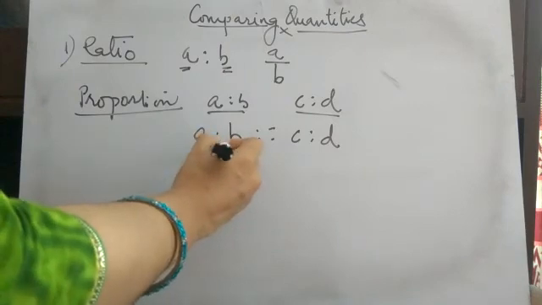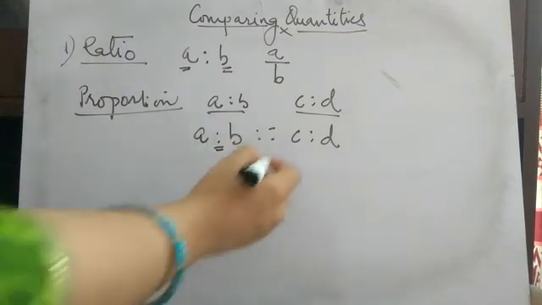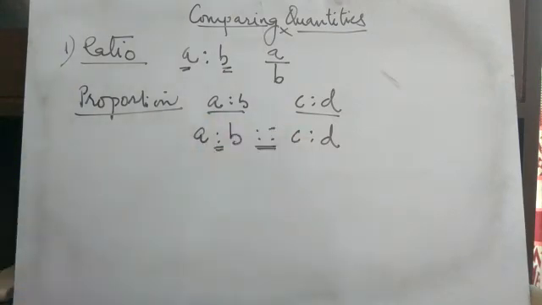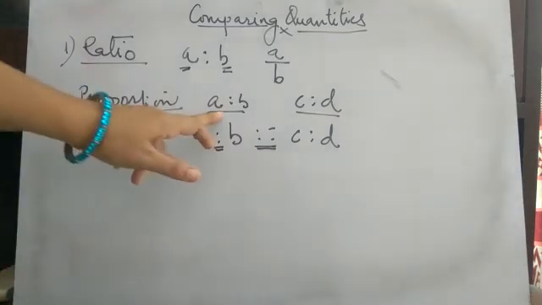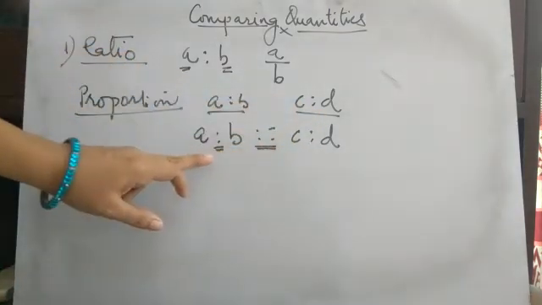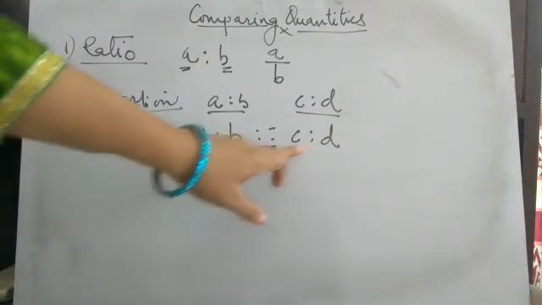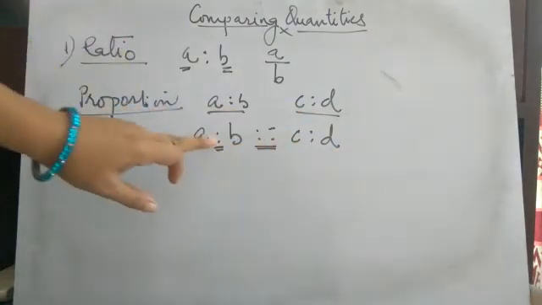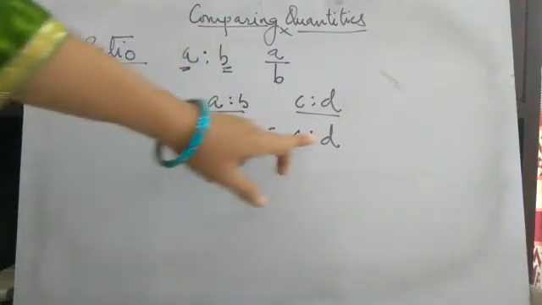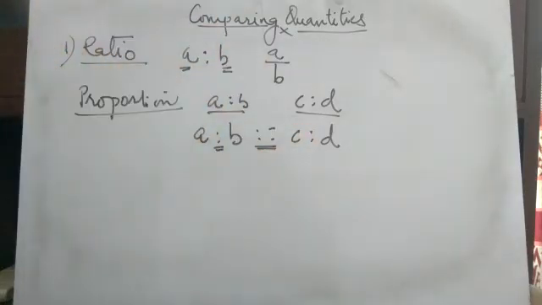As these two dots are the sign of ratio, these four dots are the sign of proportionality. If the simplest form of the two ratios is same, we write them as A is to B is in proportion with C is to D. The two dots are the sign of ratio and the four dots are the sign of proportion.